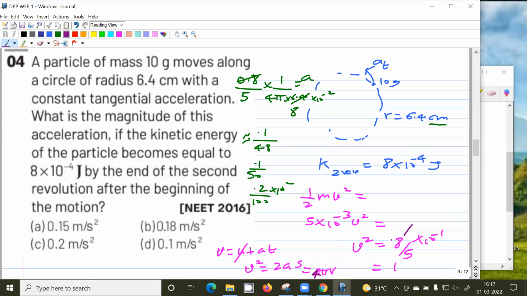Yeah, 16 is the correct one. So the correct answer is 0.1, right?